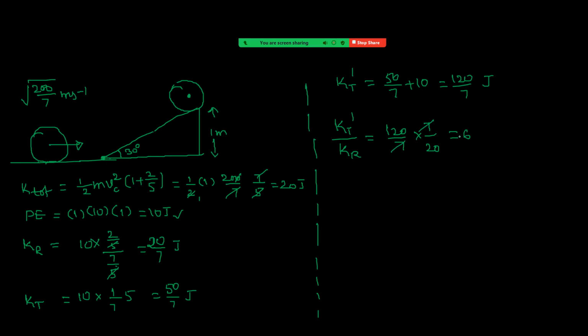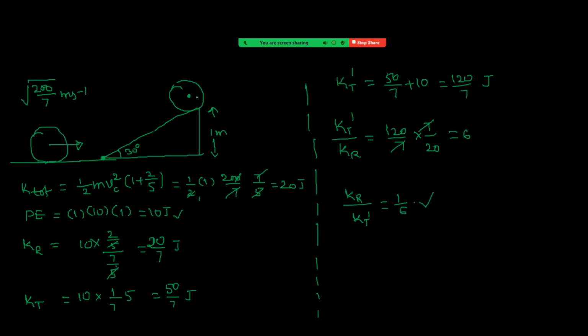It is now 6. So he's asking the ratio of rotational to translational. Rotational to translation means it becomes 1 by 6.